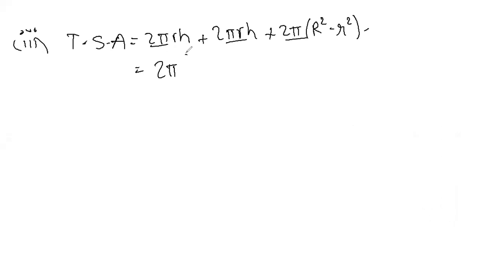So 2 pi, and now the most important thing is 2 pi RH and 2 pi RH are not same. In this I've done a little mistake. So let's consider this to be the capital R. So it will actually signify that this is the curved surface area of the outer radius, which is capital R, plus the curved surface area.